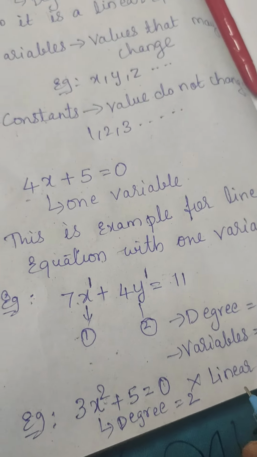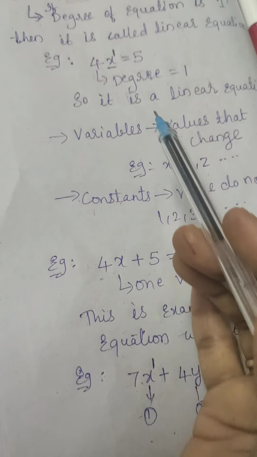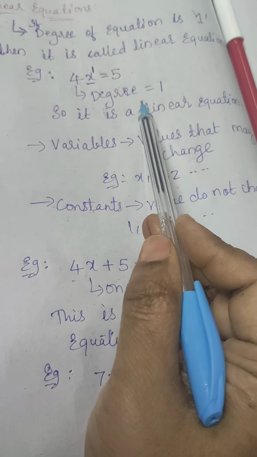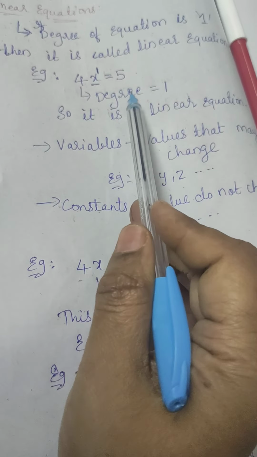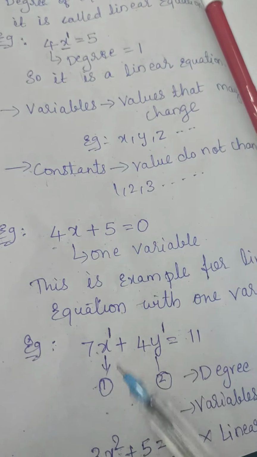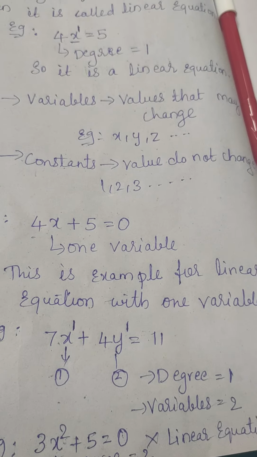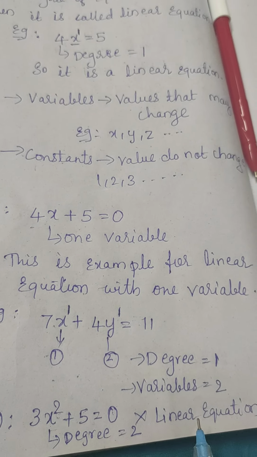Okay, this is about linear equations in one variable. If degree is equal to 1, then only that type of equation is called a linear equation. If degree is equal to 2 like this, then it is not a linear equation.